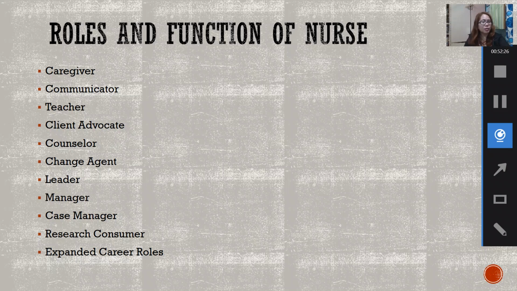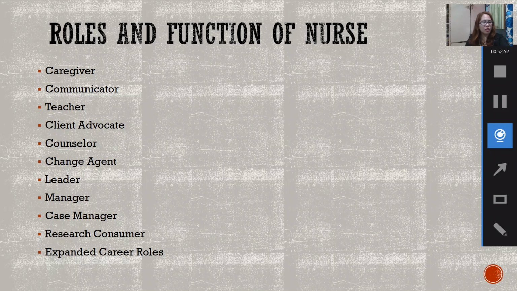As a teacher, you have to help your client in the procedure of treatments. Okay, so as a teacher, habang nandyan si client sa hospital, tuturuan mo na ngayon si client how to properly take her medication. Kung kailan iinom, ilang beses, ano ibig sabihin ng mga term na to na nakalagay PRN, so as necessary.